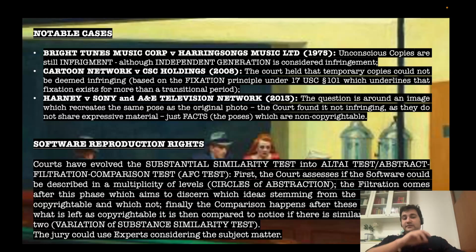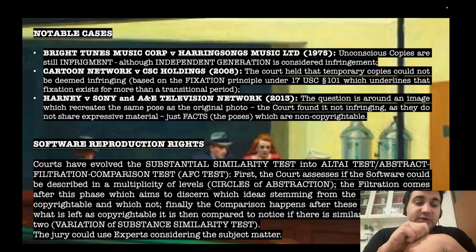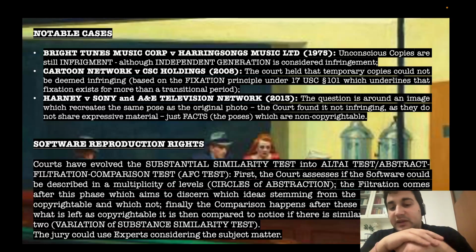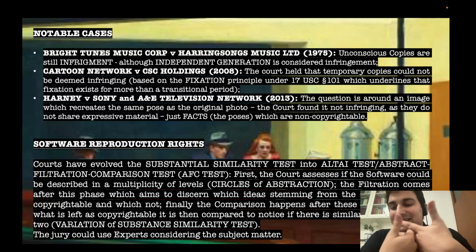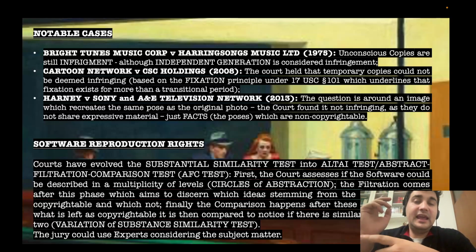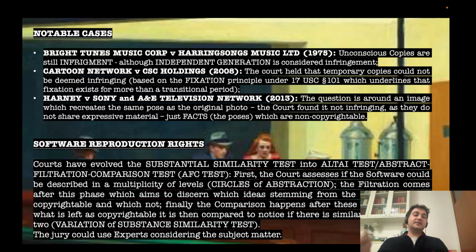Now, we're going to see even the question of software reproduction, okay? Because in software reproduction, the courts have developed a new kind of test, similar to the substantial similarity test, that is the Altai test or the AFC test, the abstraction-filtration-comparison test.